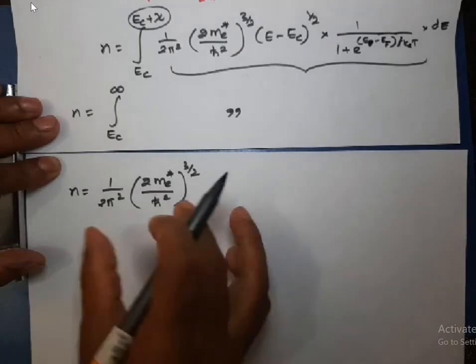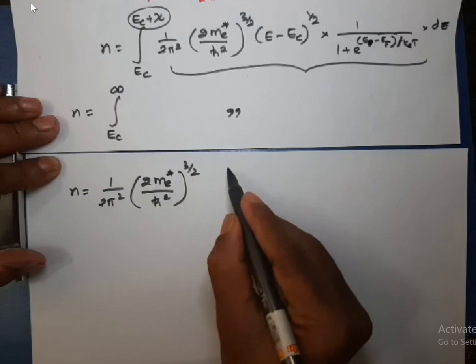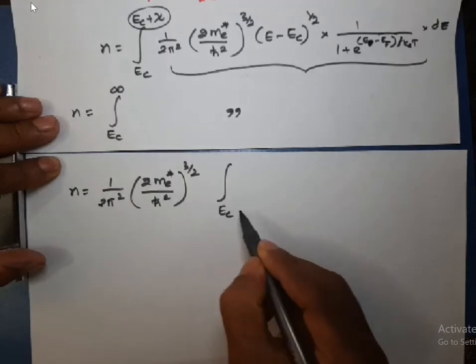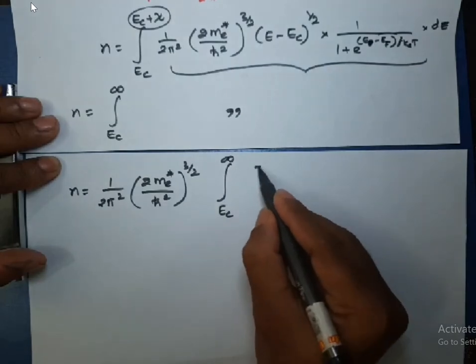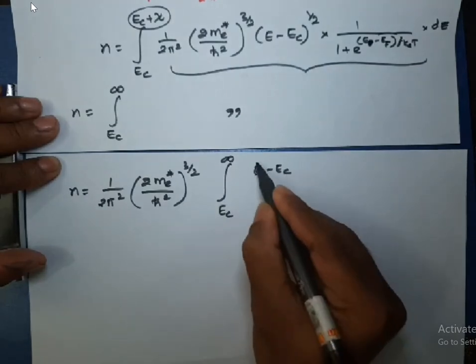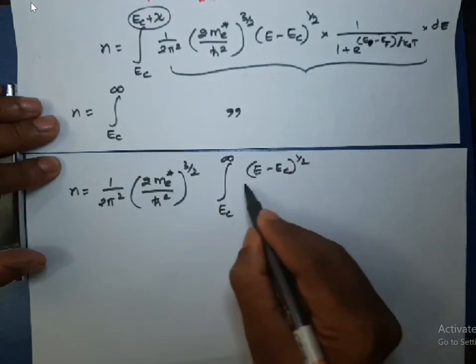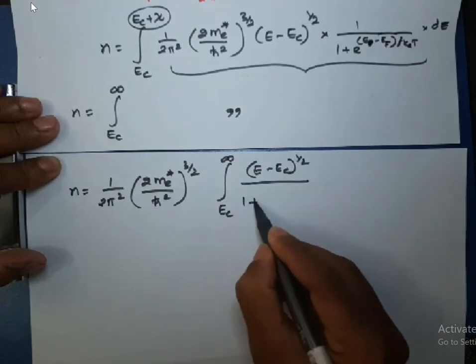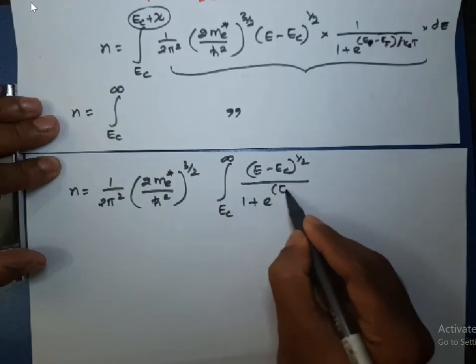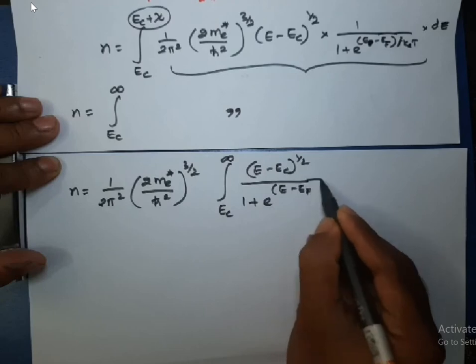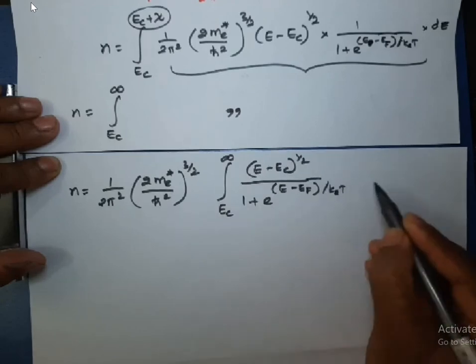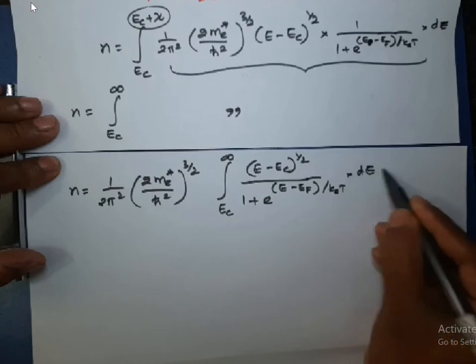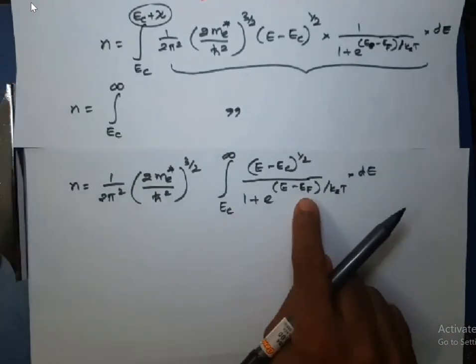These are all constant quantities, so I'll keep them out. Then the integral from EC to infinity of (E minus EC) whole power half divided by 1 plus e power (E minus EF) by kBT, into dE. Here EF is the Fermi energy of the semiconductor.